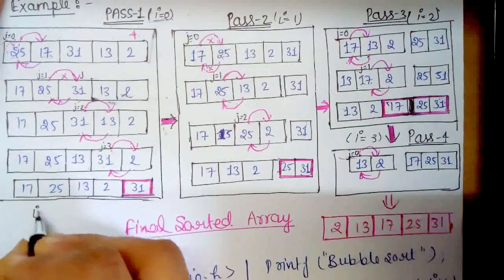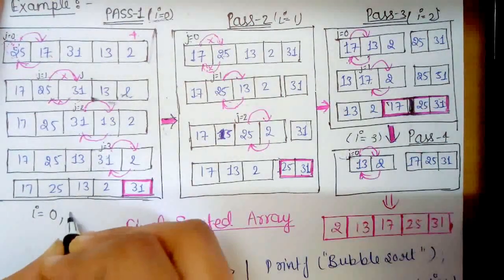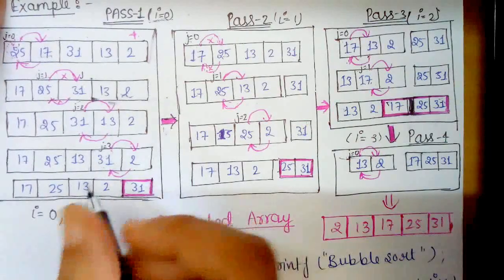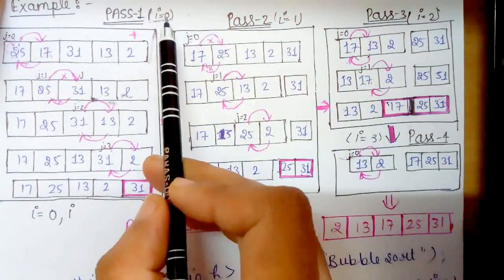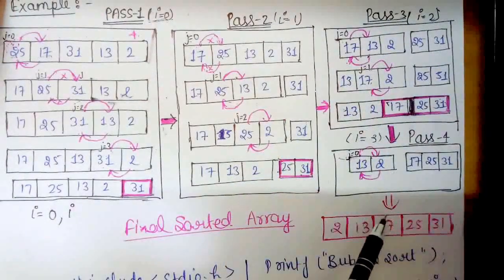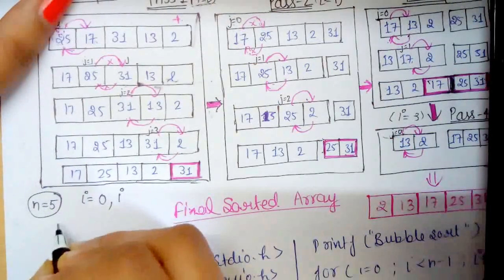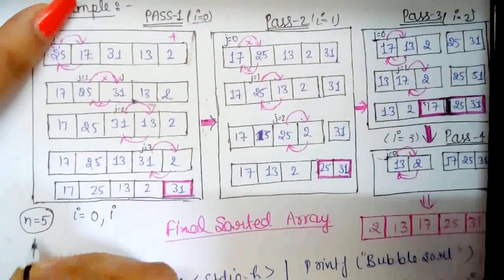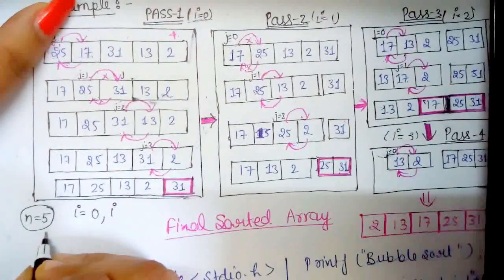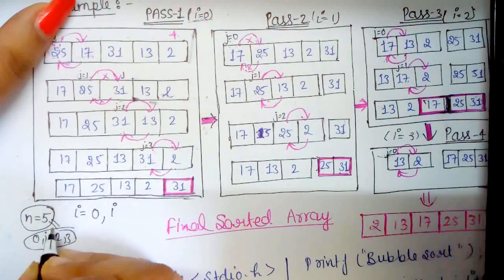So I value will range from I equal to 0, and as I have only 4 passes, that is 0, 1, 2 and 3. Suppose the n value is 5. N value is 5 and I have only 4 passes, 0, 1, 2, 3. It means I want to go till 3, from this n.